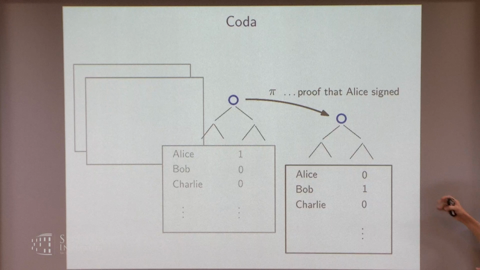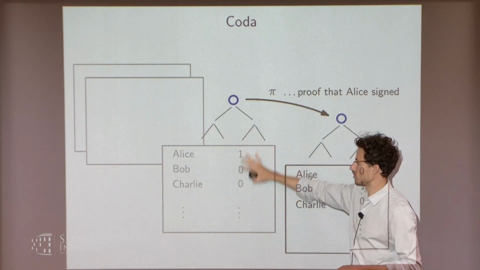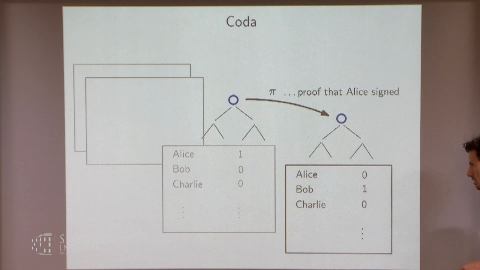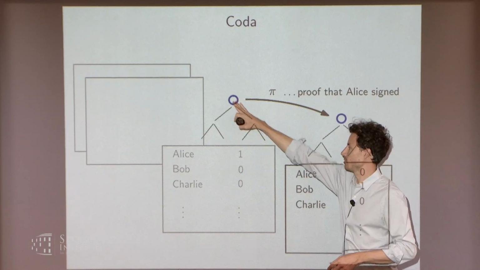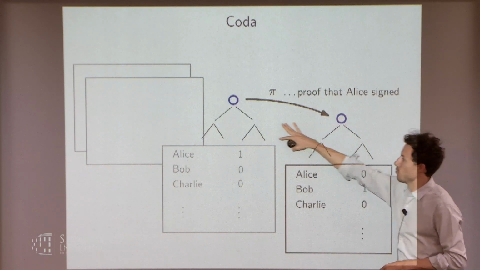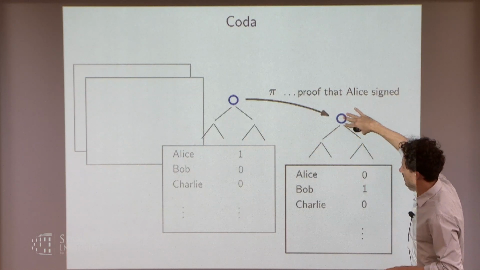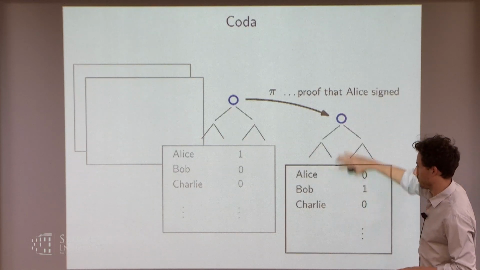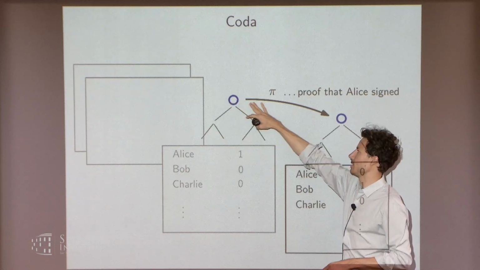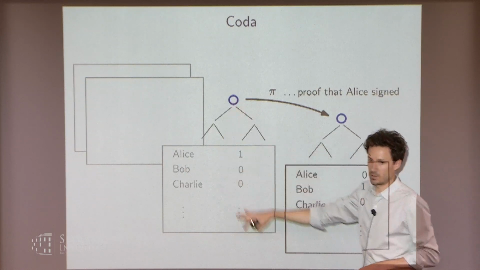You use Merkle trees, so you commit to this list of accounts. You have the root of your Merkle tree, which is just one hash function output, and now you give a proof that whatever is committed in this new commitment to a ledger was obtained legitimately from whatever was committed here.